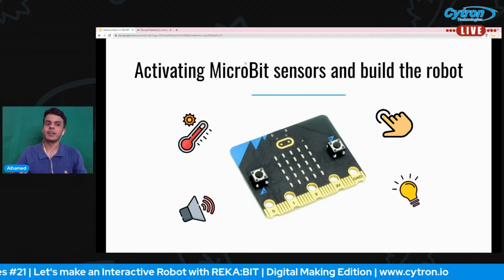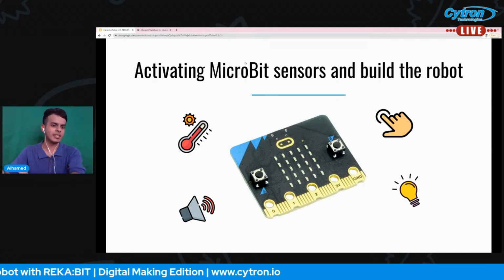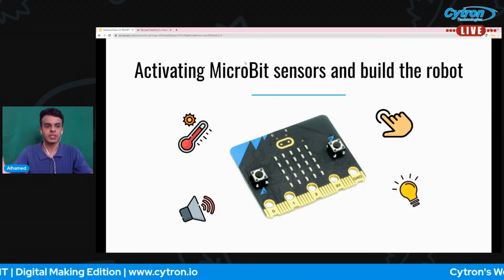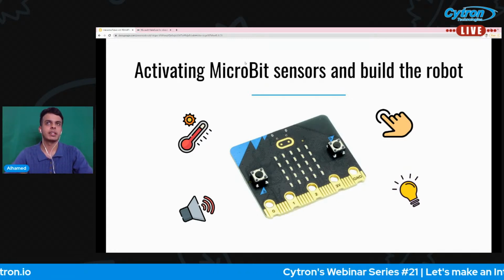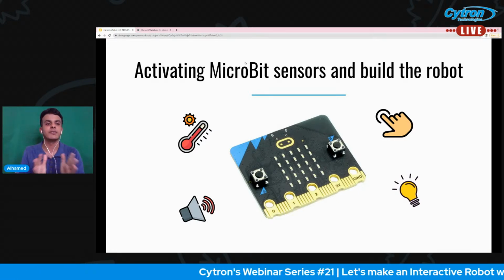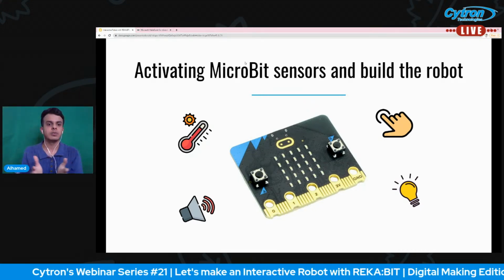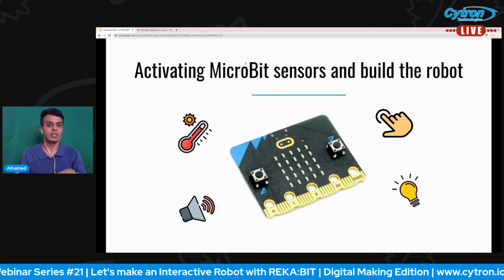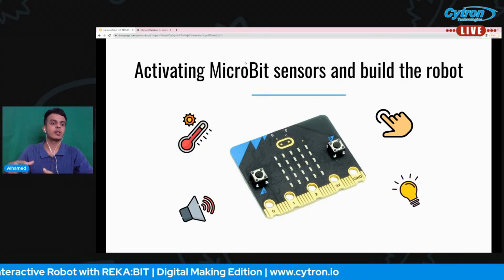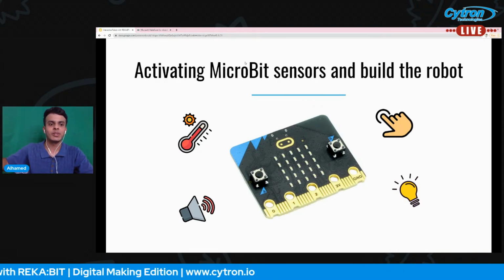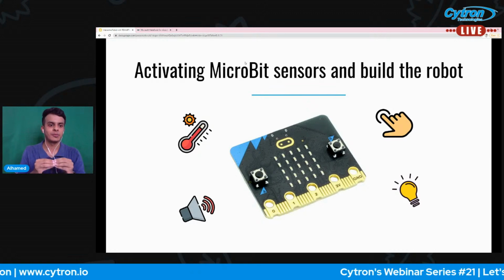But no worries if I go through it too fast, we will upload a video tutorial later that explains the program code in detail, and how to make the cardboard and everything. But now I will give you an idea how to activate the sensors on the microbit and how to make the components we have on REKA react to them.